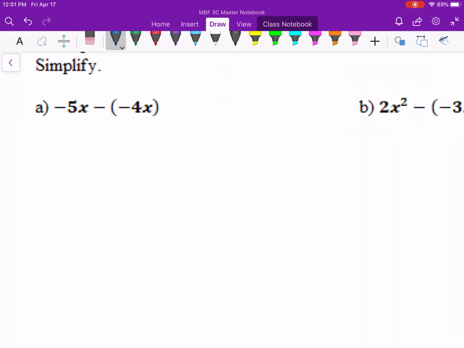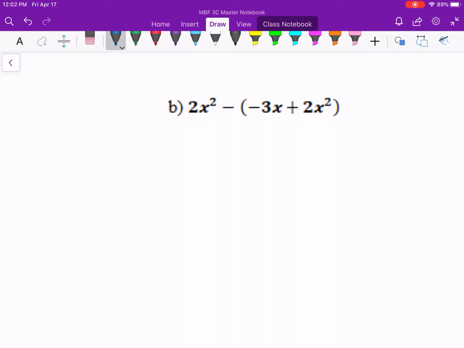Those are like terms. They both have that same variable, x, with no exponent on them. We still have to simplify the signs. Two of the same makes it change to a positive overall, so I'd rewrite it like this. And then I just add or subtract the numbers in front. So negative 5 plus 4 becomes negative 1, and the variable stays exactly the same.